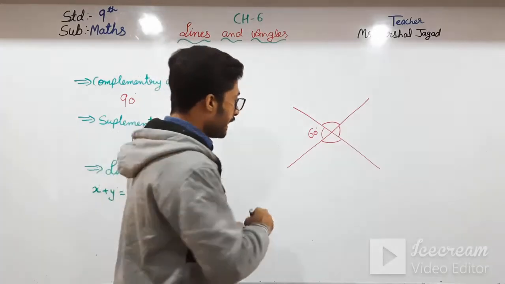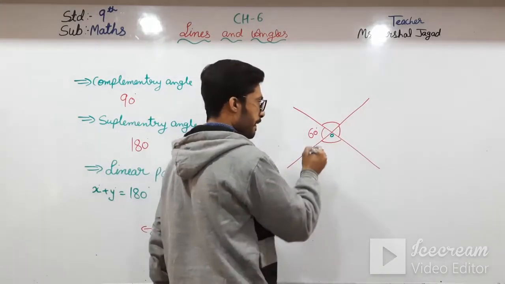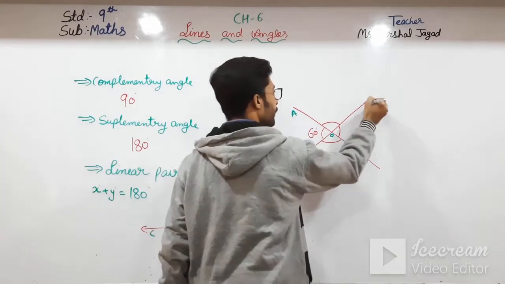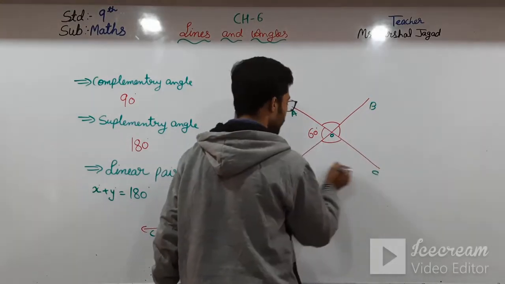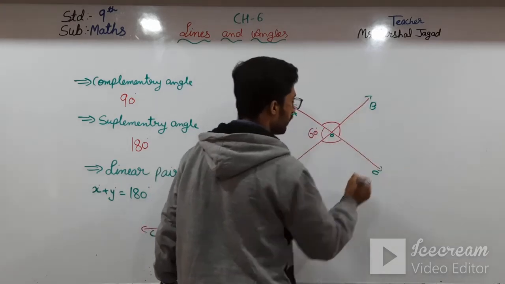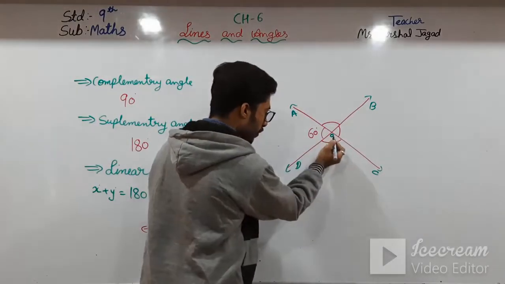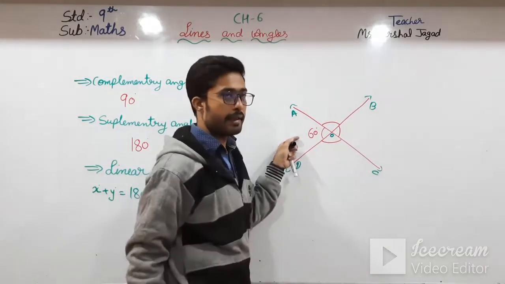See here, let me call the point O, and take A, B, C, D. Sorry, I forgot to put an arrow over here. So here you know that angle AOD is 60 degrees.